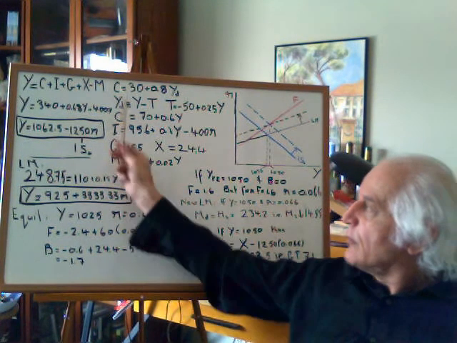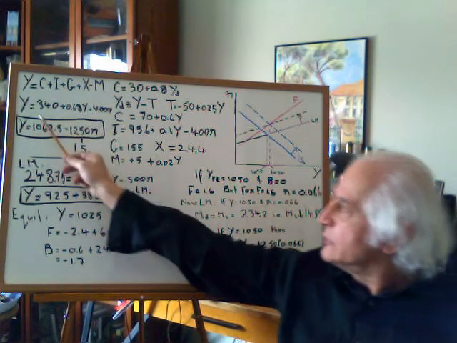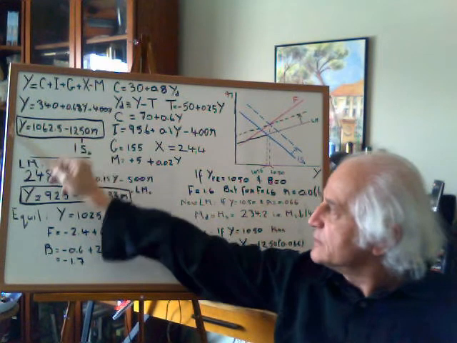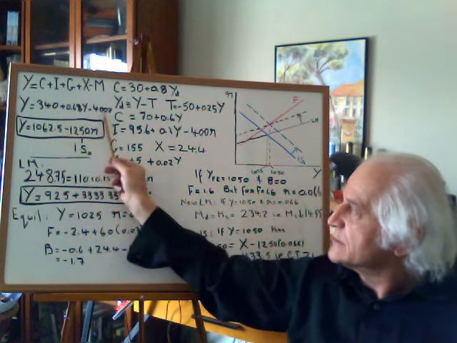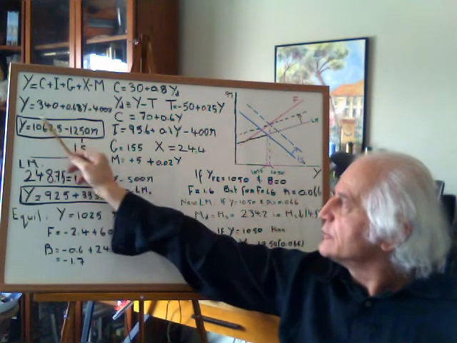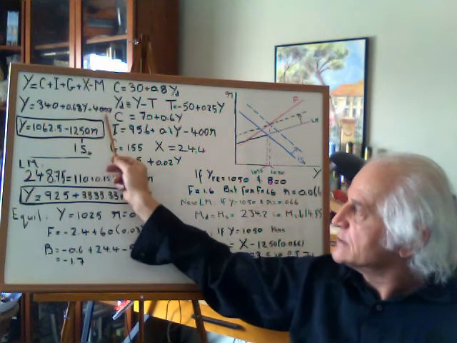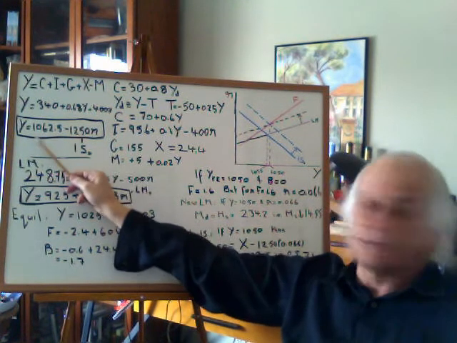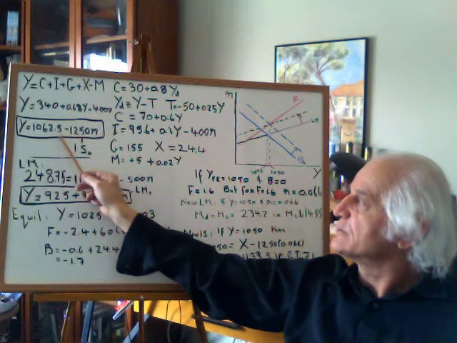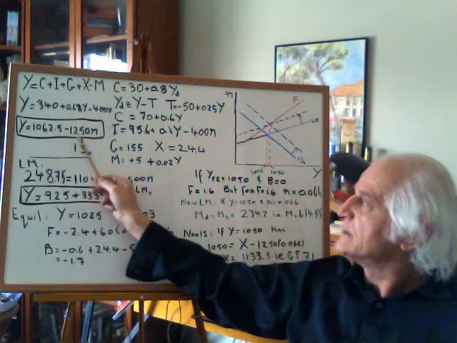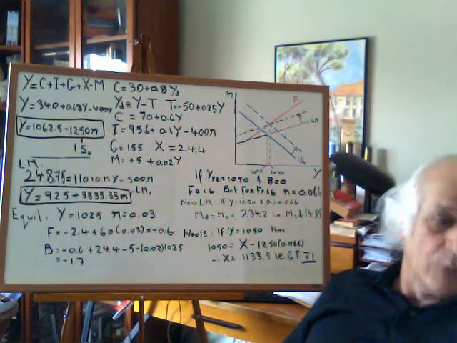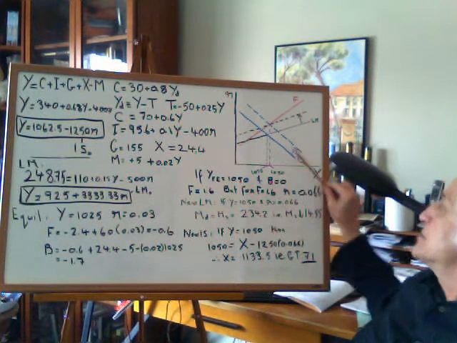Now, if we put all the Y's on one side, that's to say Y minus 0.68Y, it will be 0.32Y is equal to this. So Y, therefore, is equal to 1062.5 - 1250r. What is this now? That's the IS, that's all there is to it.